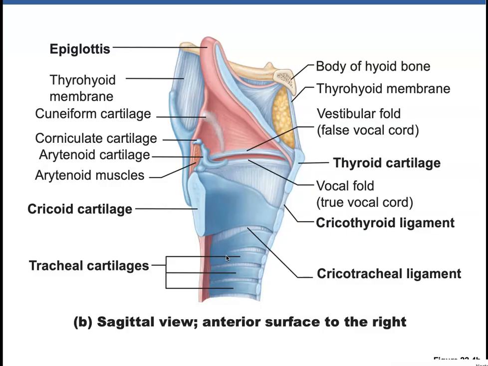Even a cric would probably not save them. Then what you'll see here are the arytenoid cartilages, and these are connected to your vocal cords. They open and close, so they abduct and adduct and move the muscles that are connected to the vocal cords that allow you to speak.